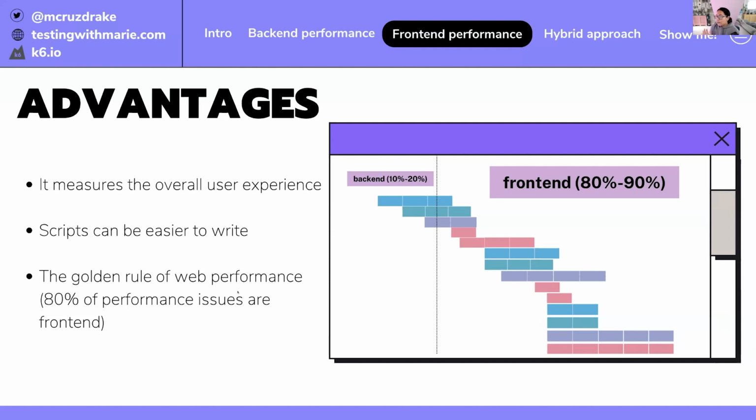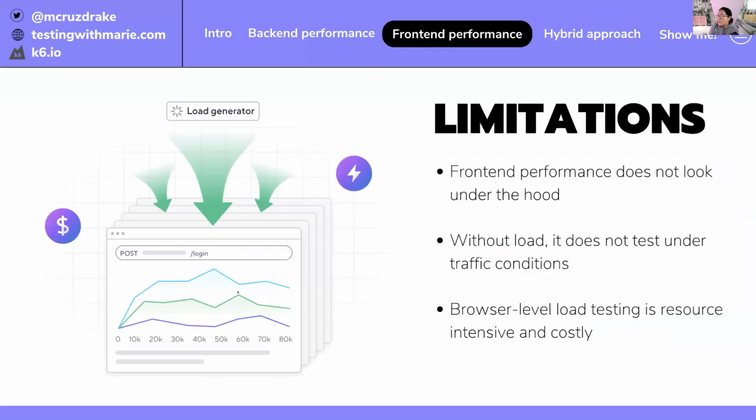Another advantage is it supports the golden rule of web performance, where 80% of performance issues are found on the front end. So if we fix these front-end performance issues first, then you can argue that you have fixed 80% of it, because that's where most of the bottlenecks occur.